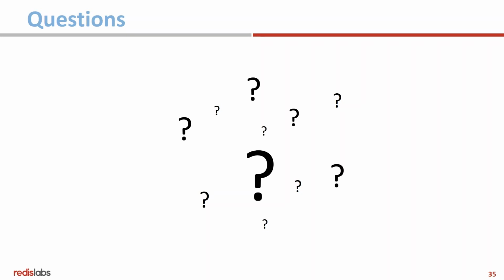Okay, the next question: what is the maximum limit on the number of connections subscribing to channels? There is no hard limit on the number of connections. Redis puts a soft limit of 10,000, but you can change that limit.